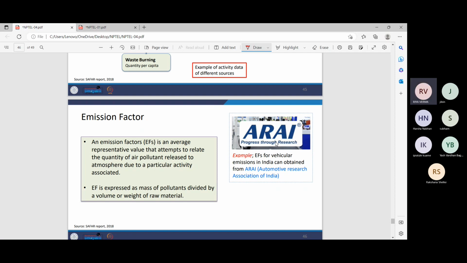Agricultural emissions are seasonal emissions, but industrial and vehicular emissions are constant. They occur throughout the year. So the major difference is that agricultural emissions occur only for a certain amount of time. Thank you, ma'am.